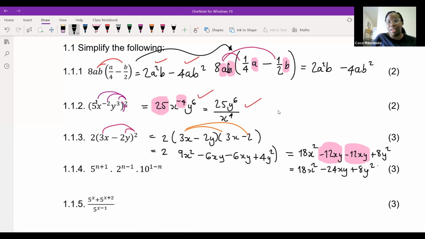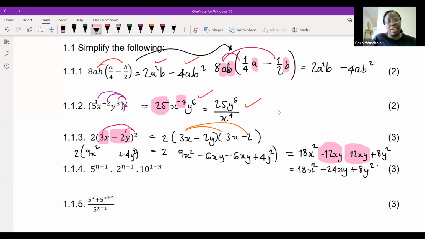Okay, so we were going to have, oh, sorry, Entle. Yes, and I realize I'm actually doing it now. We're going to have 2 on the outside. Now, 3x all squared will give me 9x squared. And then -2y all squared would give me positive 4y squared. And then for the middle part, I would have to take 3x multiplied by -2y.